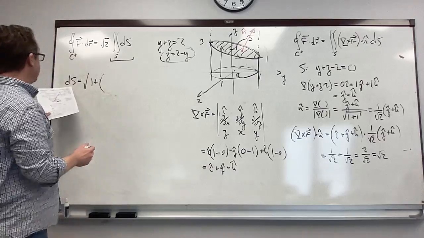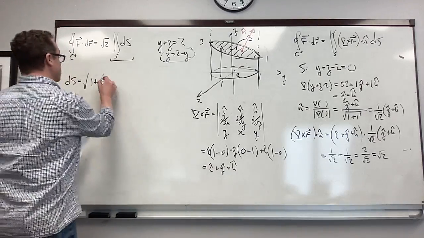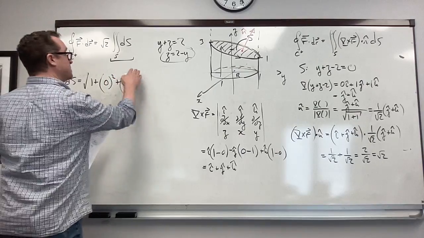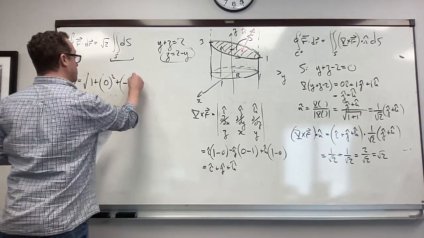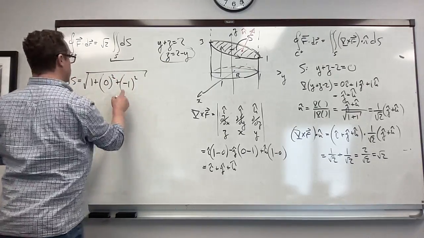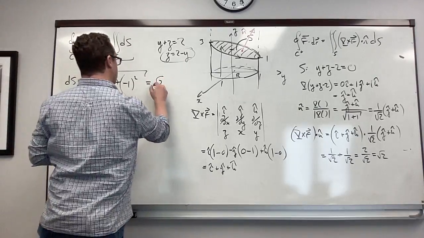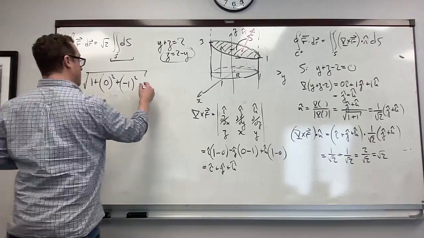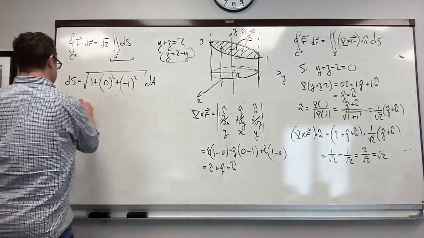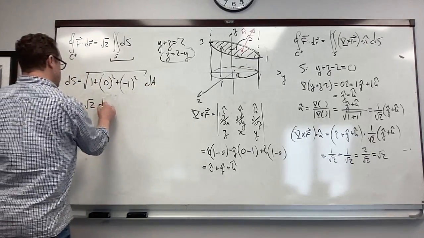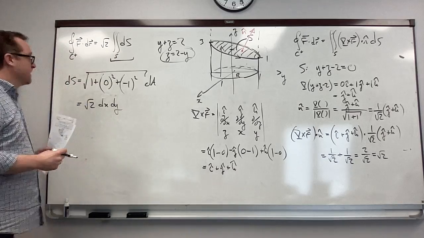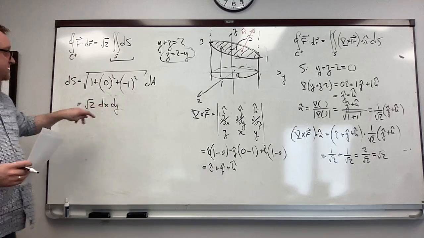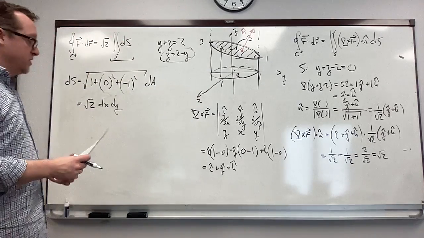So I'm taking the partial of that height function, dz/dx, which is 0 squared, plus dz/dy, which is minus 1 squared. dS is this whole thing times dA. So this thing will become square root 2 dx dy. 1 plus 1 is square root 2, and dA becomes dx dy because I'm integrating over this region in the xy plane.